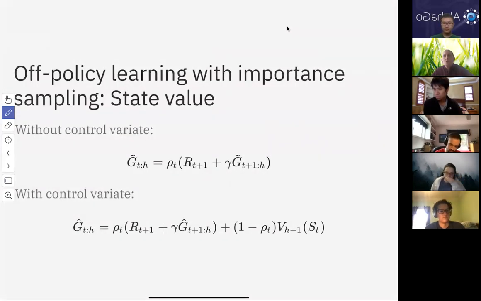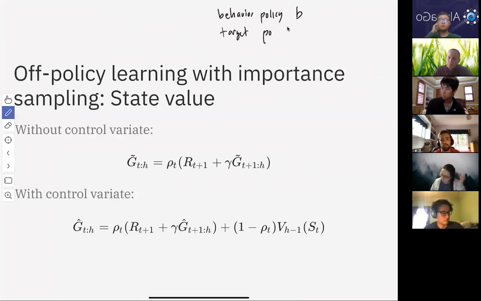That worked great for on policy, but if we're doing off policy, we have some behavior policy b and we have our target policy pi, then we need to do some sort of weighting to adjust for the fact that the behavior policy may be taking some very common action as far as the behavior policy is concerned, but some very uncommon action as far as the target policy is concerned.